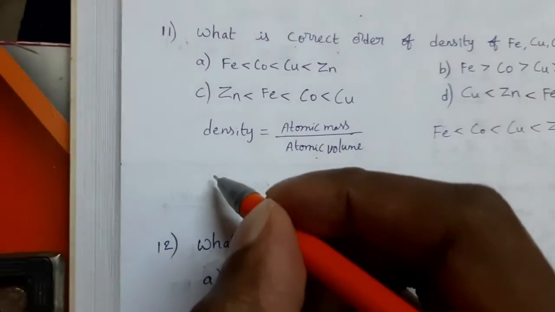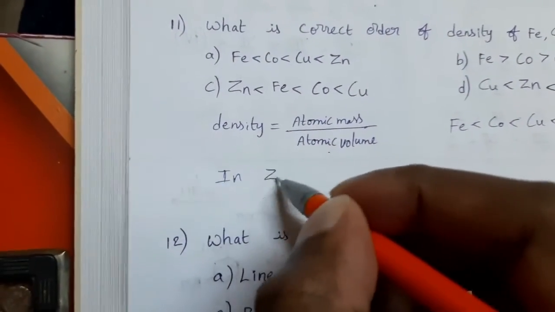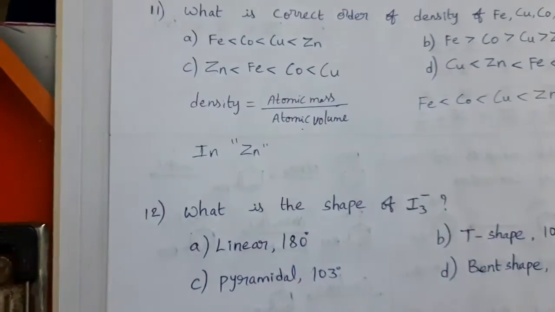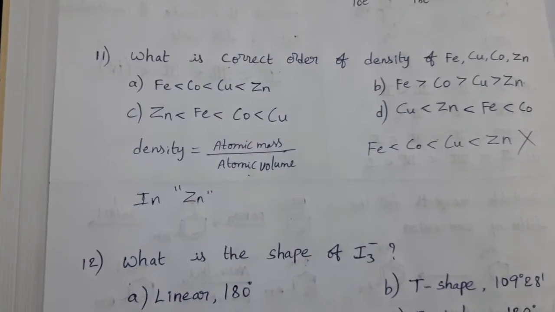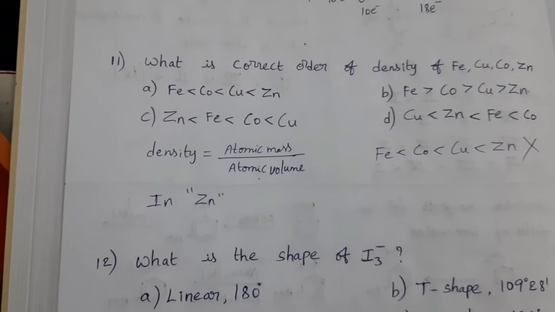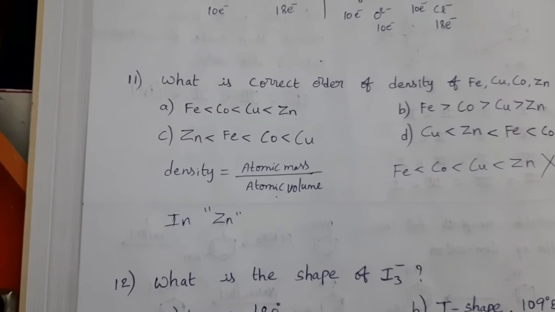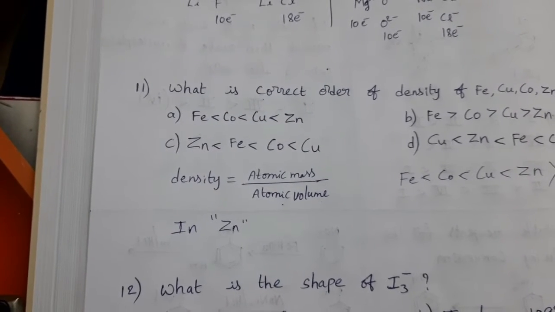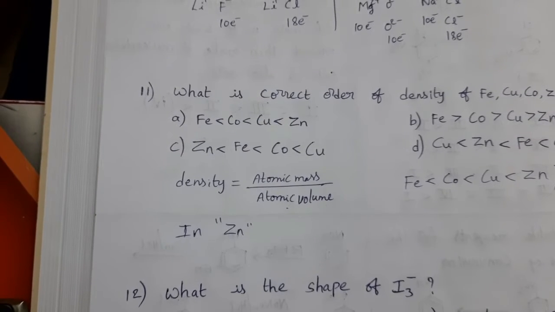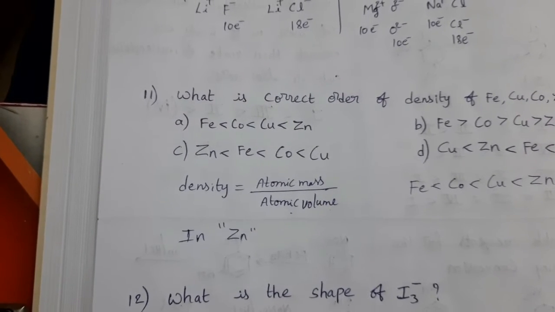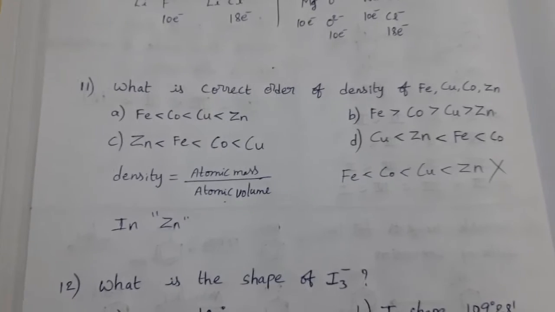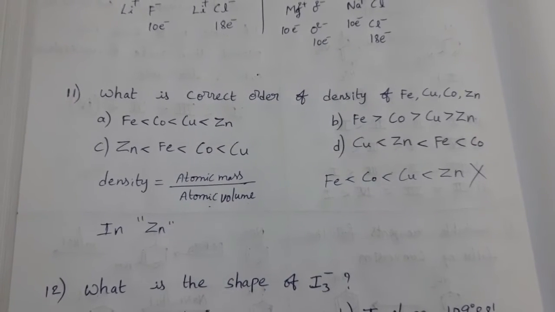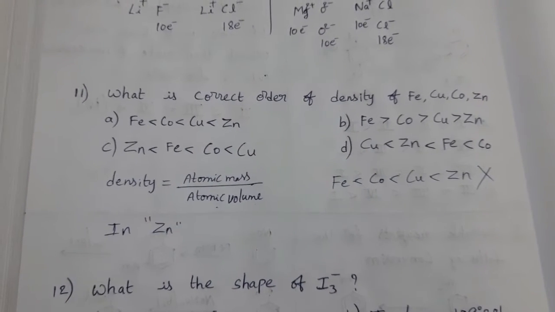Here in zinc, completely filled electrons are there. Completely filled means 4s2 3d10. Because of this completely filled configuration, repulsive forces are acting among the electrons. That's why atomic volume is more than the expected trend.